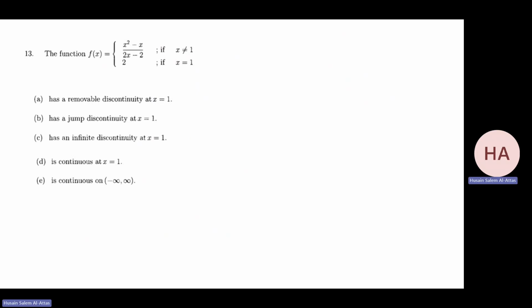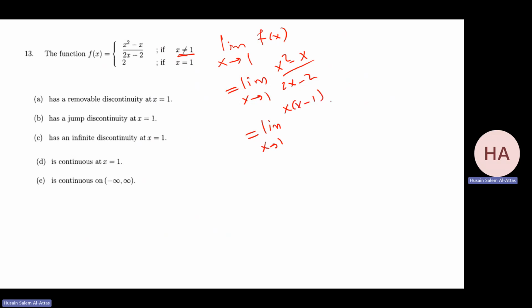I need to check what will happen as the limit x goes to 1 for this function. The limit, since this is taking plus or minus, will be (x squared minus x) over (2x minus 2). That will be, as x goes to 1, x(x minus 1) over 2(x minus 1).